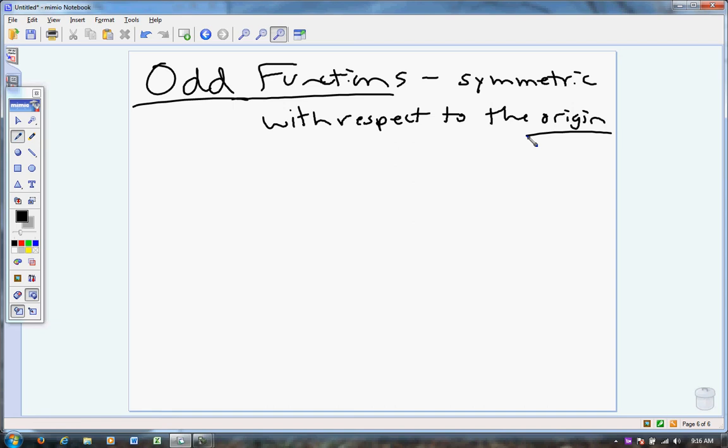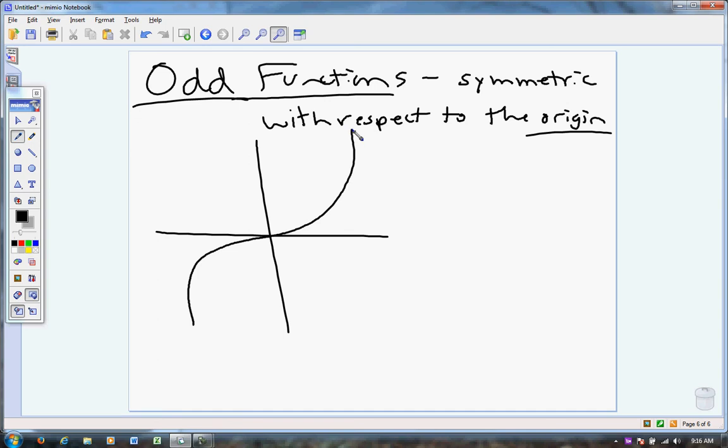Symmetric with respect to the origin. What would that look like? Well, something like this. The classic case is kind of a cubic type. One like that.